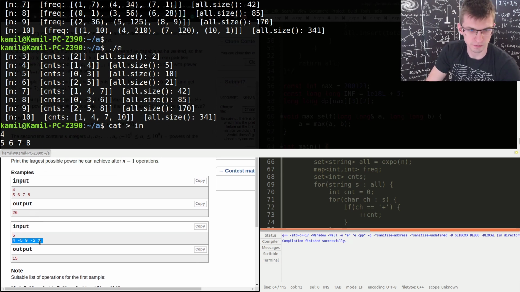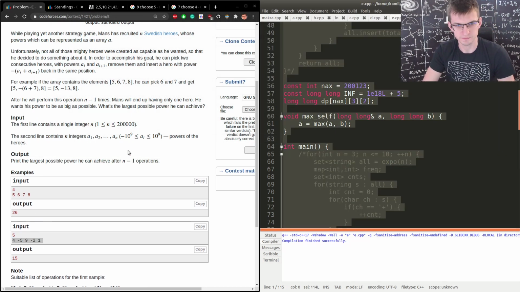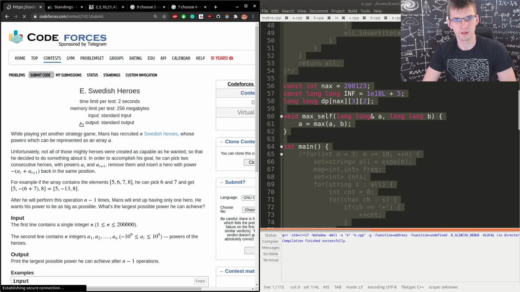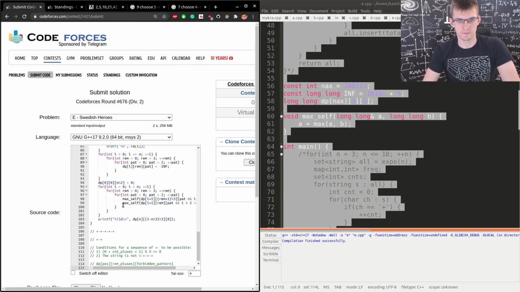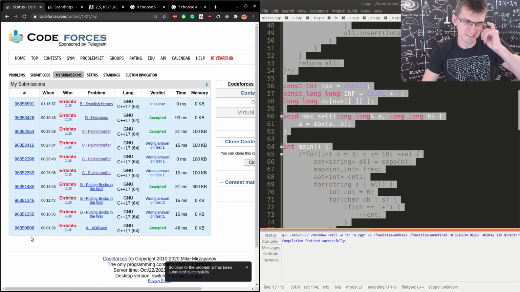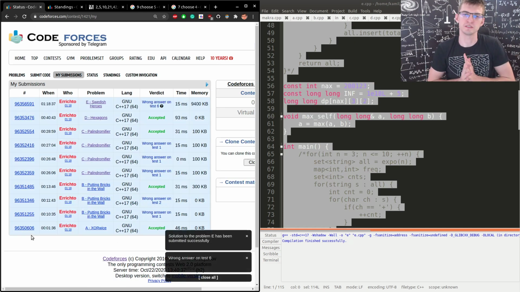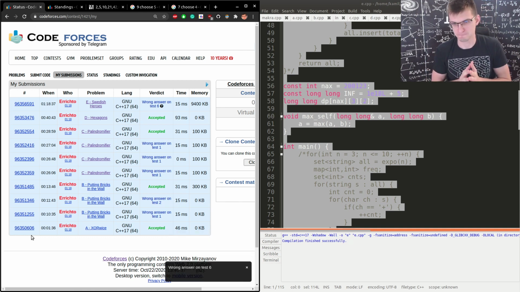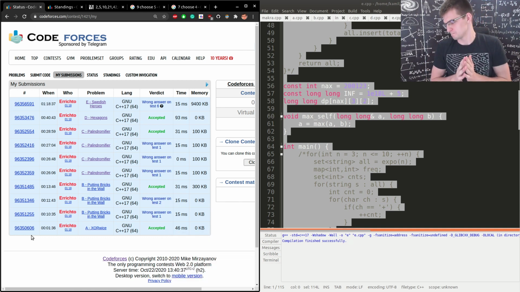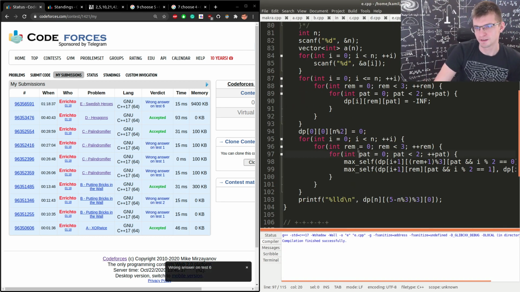Then it's very nice of them to give such a counter example. I'm saying 75% that this works. My DP can be wrong, or my whole idea can be wrong.